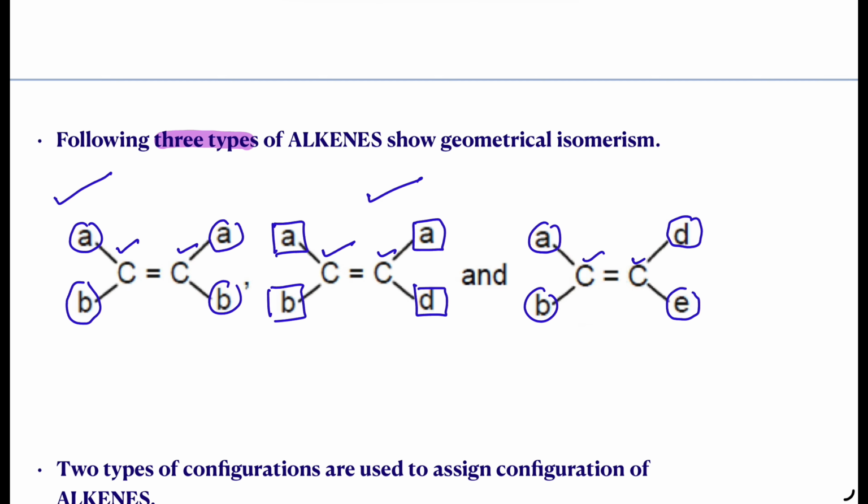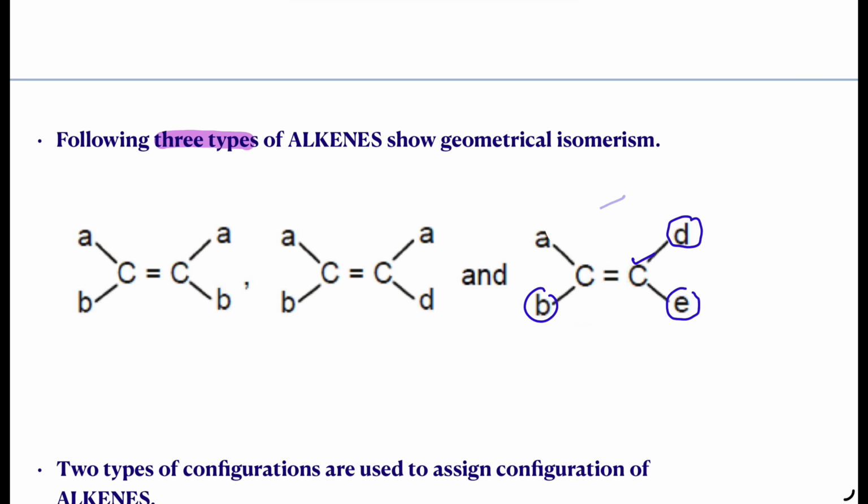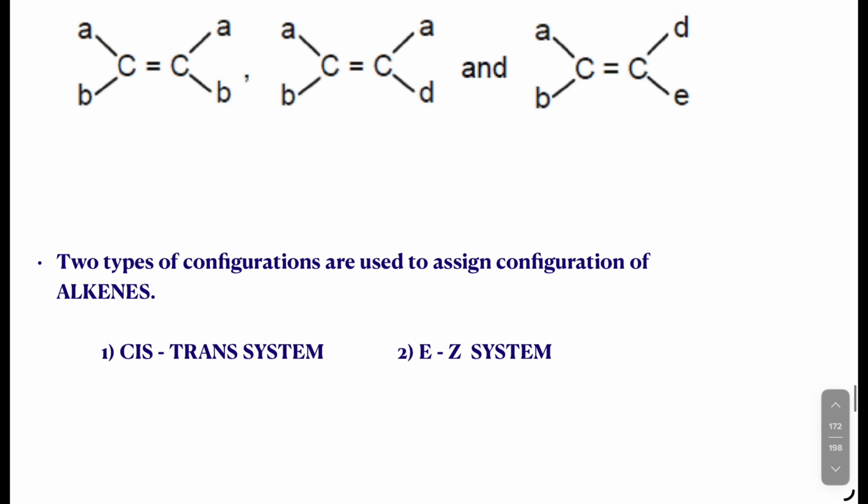At both the sp2 carbons the condition is satisfied, therefore geometrical isomerism is definitely possible. So which type of alkenes exhibit geometrical isomerism? These three types: ABAB first category, ABAD second category, ABDE third category. These are the three types of alkenes that exhibit geometrical isomerism.